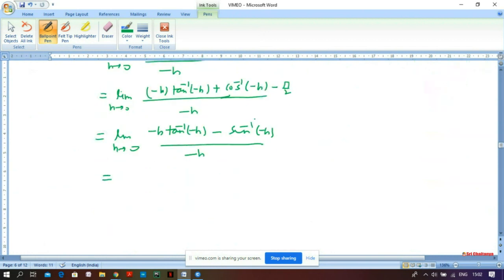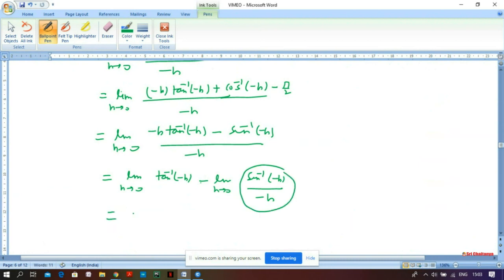Although I can take it out, there is no need. I can write the limit as h tends to 0 of tan inverse of negative h plus the limit as h tends to 0 of sine inverse of negative h upon negative h. The negative is all right, you can use your negative. That is much better. So again, this number equals 1 and this is 0.